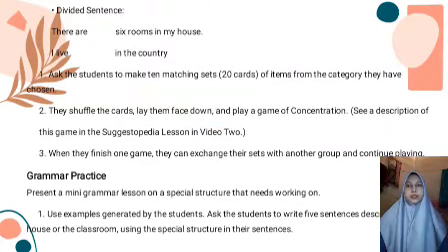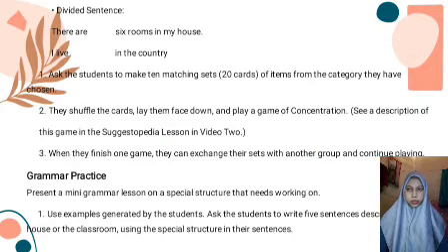Okay, the next is divided sentences. A sample is: there are 6 rooms in my house; I live in the country. The first one is to ask the students to make 10 matches of training cards or items from the category they have chosen.